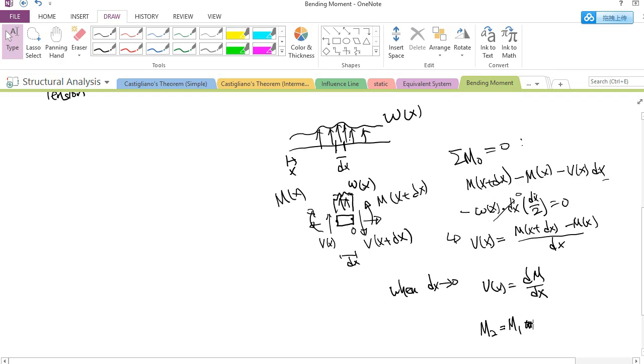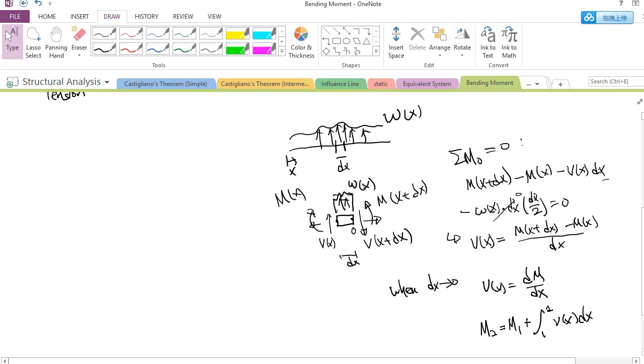the integration between 2 points, which is the area under the shear force diagram.